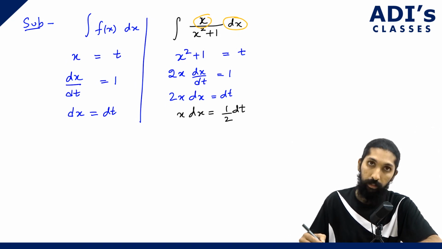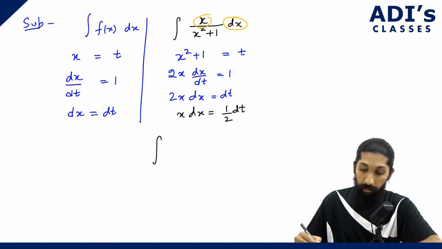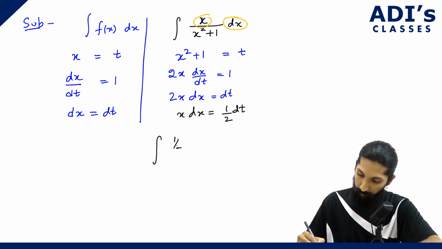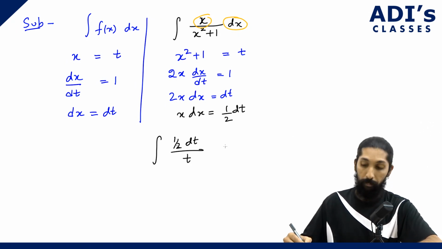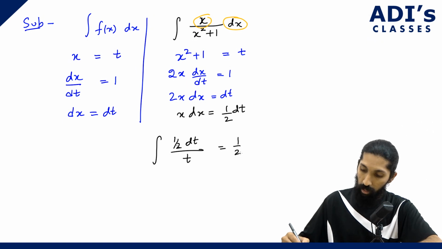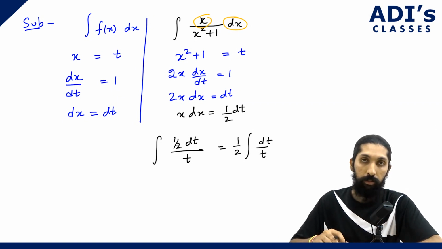Substitute this one. You will get the integral of half dt divided by x square plus 1, which is t. Now take the half outside: half integral of dt divided by t. This you can take as log of t and solve it.